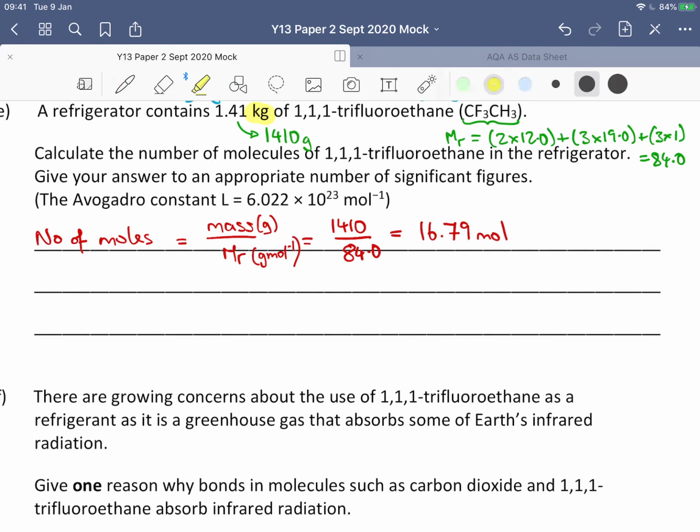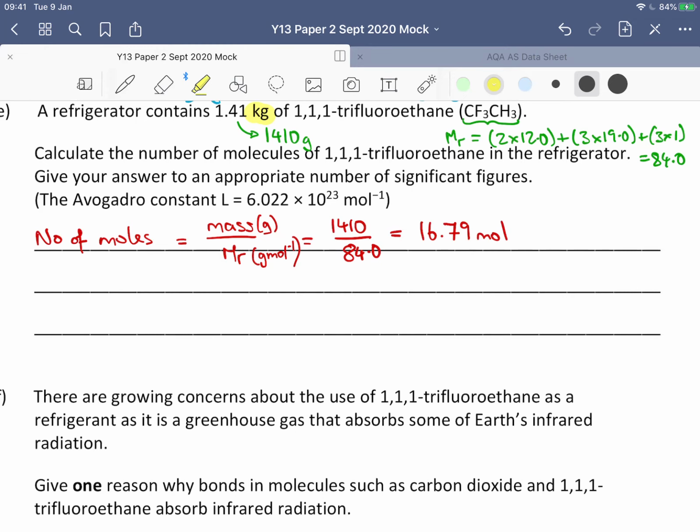What I would say is always keep everything in your calculator until the very end. So I might write 16.79, but I keep the actual number. Let's just do that, 1410 divided by 84.0. Okay, so I've got 16.785714. I'm going to keep that in my calculator, but I'm going to write on my paper 16.79.